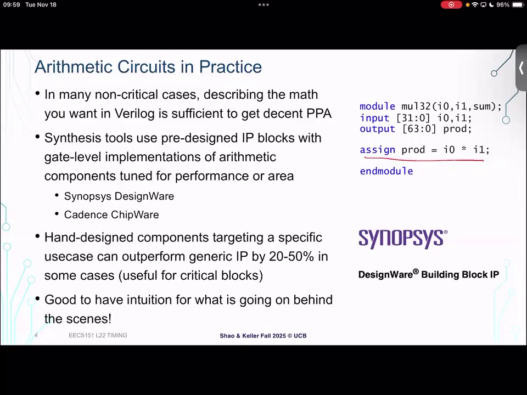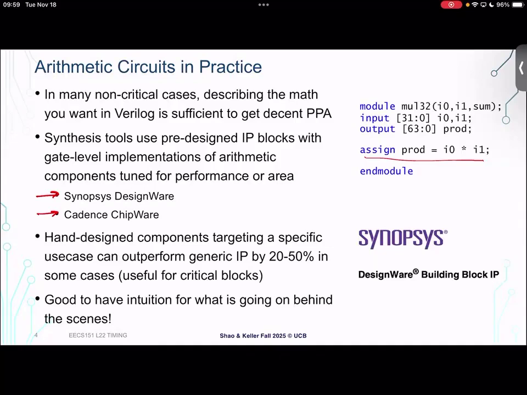So the synthesis tools will use this to generate a multiplier. In particular, under the hood, when they see a multiplication sign like this, they look at the number of bits, and then they look at a pre-built library of components. Synopsys calls theirs DesignWare. Cadence calls theirs ChipWare. So that's what you're seeing in ASIC Lab. FPGAs have their own set of pre-baked components. They're basically doing a very simple lookup function: how many bits is it?